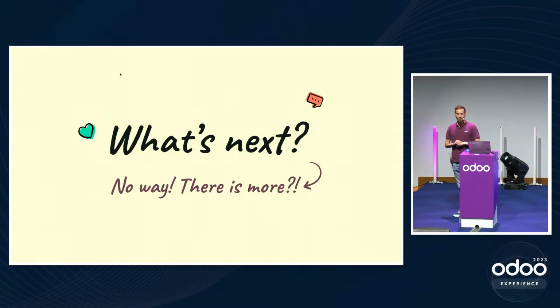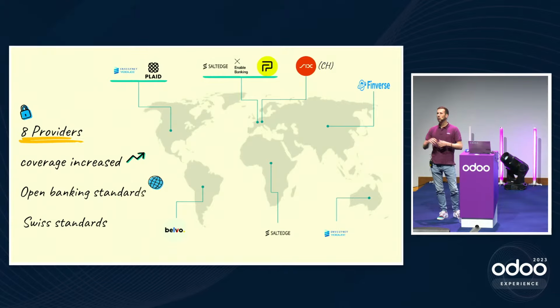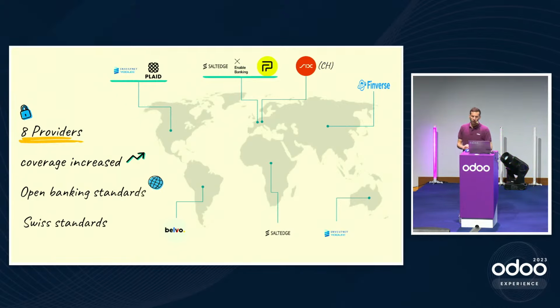What's next? So we are working on more providers. So basically now we will increase the coverage because we are going to be compliant with the open banking standard. So that's really good for all the Anglo-Saxon countries listening to me. And also, we will be compliant with the Swiss standards. So you see here an overview of the new providers.